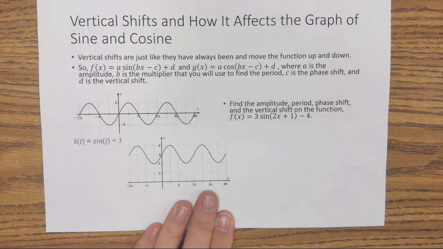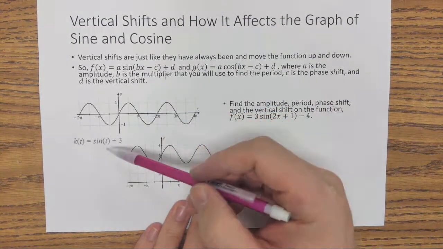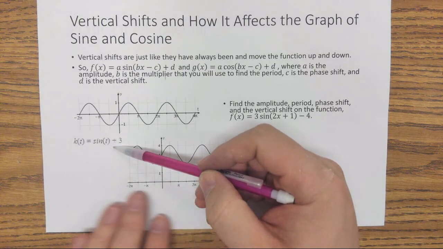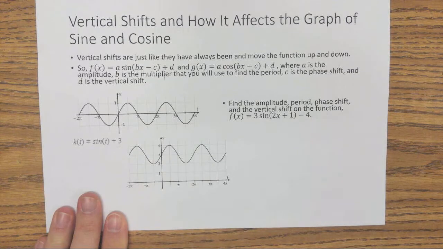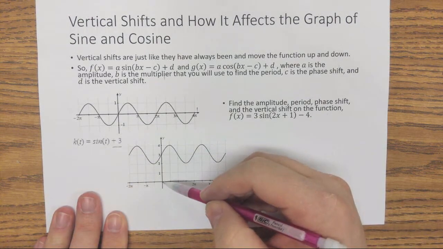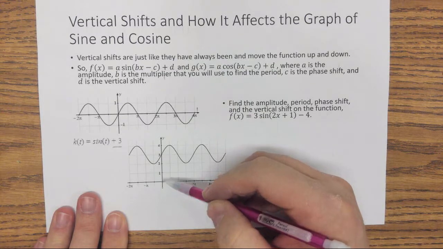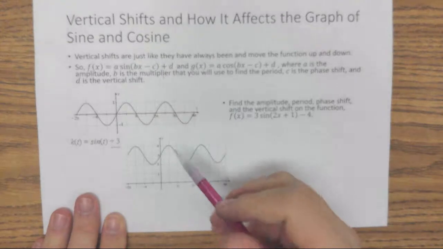Okay. So here's sine of the function. Here's a transformation of that. It's got a vertical shift of 3. So it's moving it up 3. So every point, not like the amplitude that just changes and stretches the thing out, changes the height and the depth.